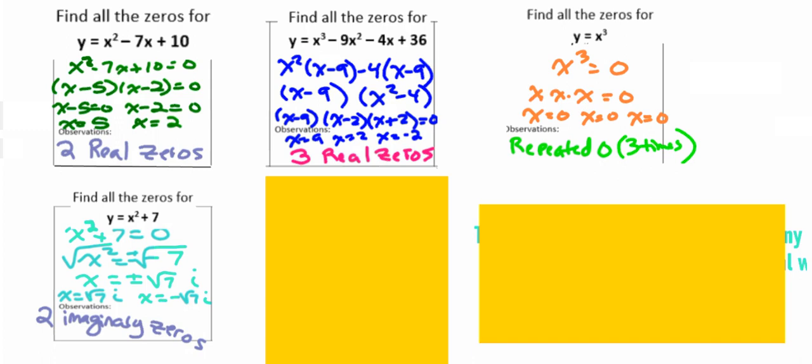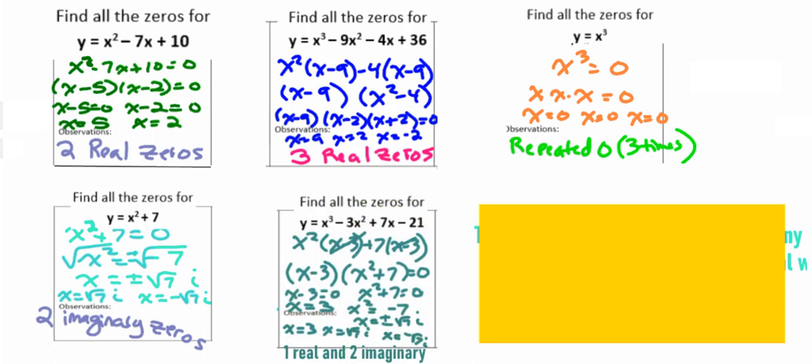Now the very last thing that we're going to look at is a factoring by grouping. As we factor by grouping, we see that here we get x equals 3, and here x squared plus 7 equals 0, so x squared equals negative 7, and we're going to get 2 imaginary zeros. And I want us to notice that when our highest power was 2, we had 2 real zeros.